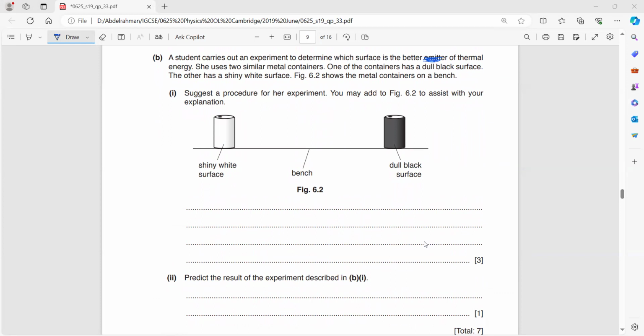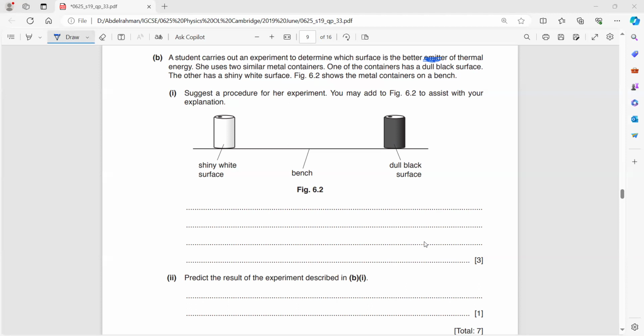If it is an emitter, what should we do to these containers? For example, put water inside. Okay, cold water or hot water? No, hot water. Guys, if we put in cold water it will become an absorber. If we put in hot water it becomes an emitter.